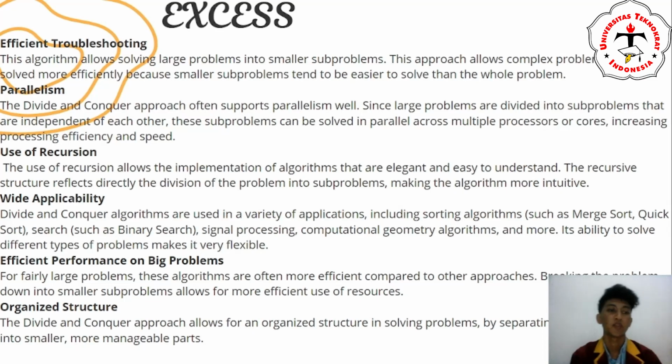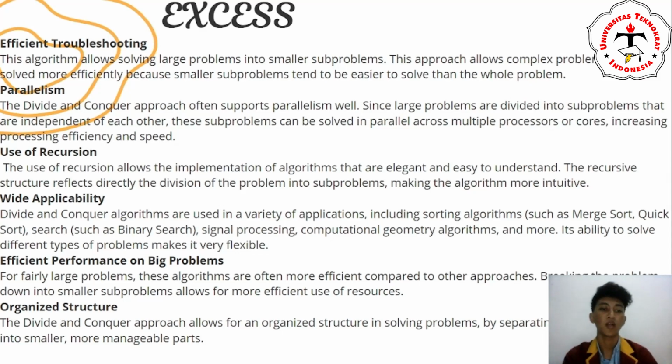3. Use of recursion. The use of recursion allows the implementation of algorithms that are elegant and easy to understand. The recursive structure reflects directly the division of the problem into subproblems, making the algorithm more intuitive. 4. Wide applicability.